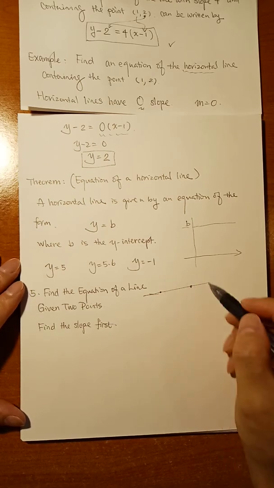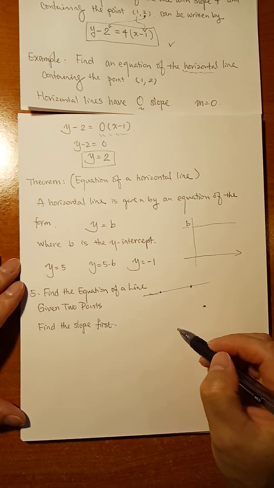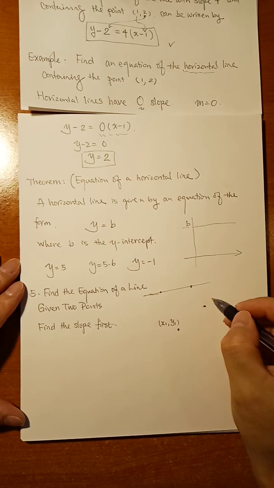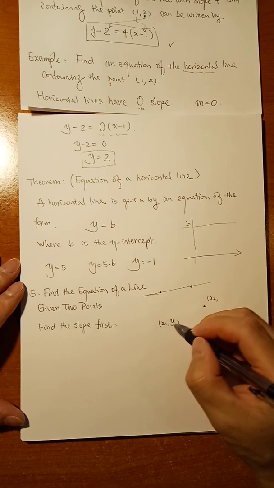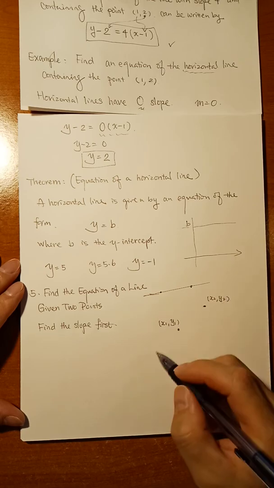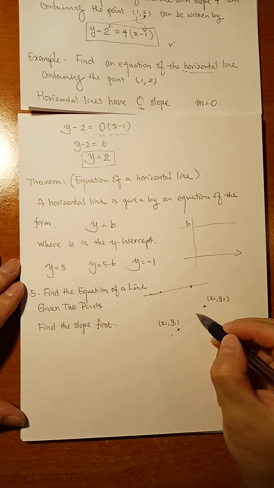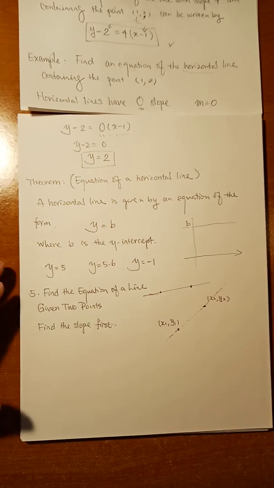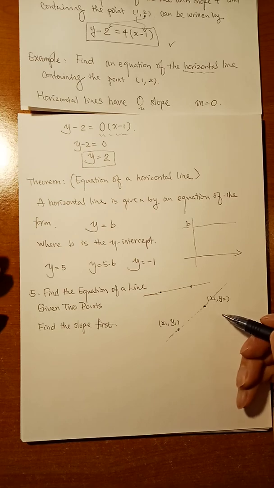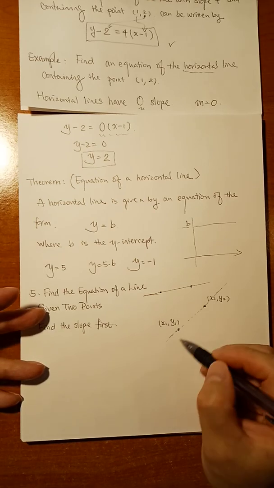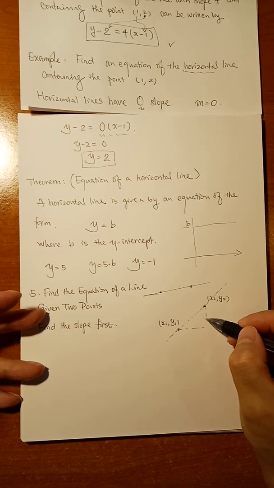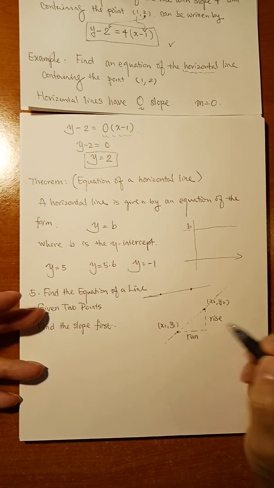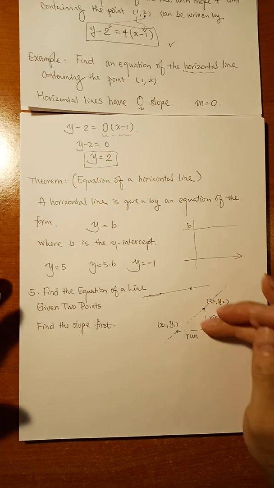Okay? Well, this is too flat. Let's draw it this way. Assume x1, y1, x2, y2 are given. We're trying to determine the equation of this line. So, what is slope? Slope is rise over run. This is rise. This is run. Right? Rise over run.